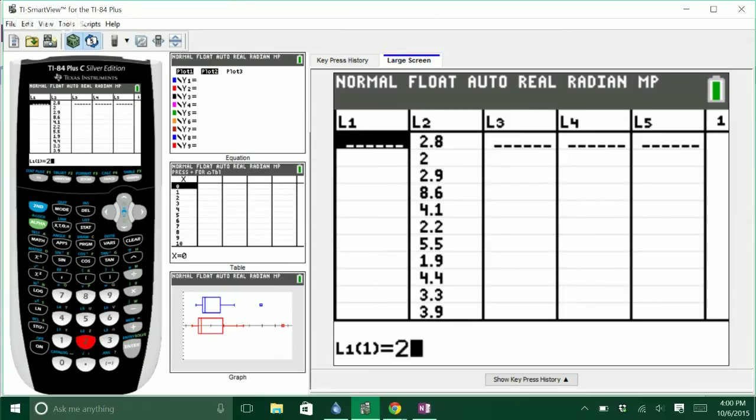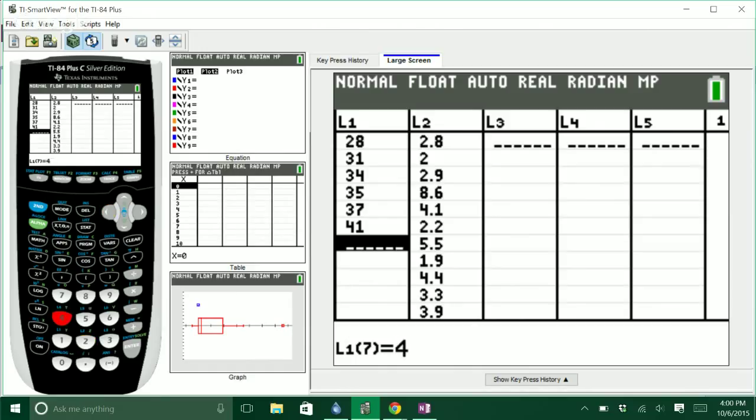You said 28? Yeah, 28. 31, 34, 35, 37, 41, 42. Hang on, 2 42s?